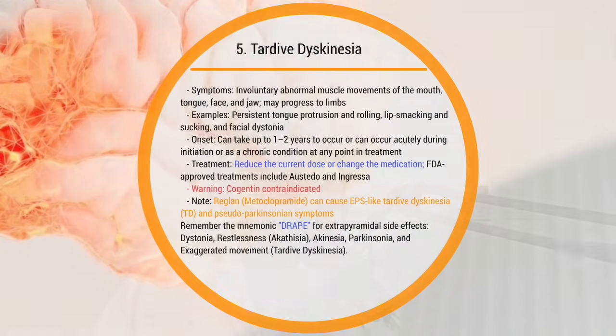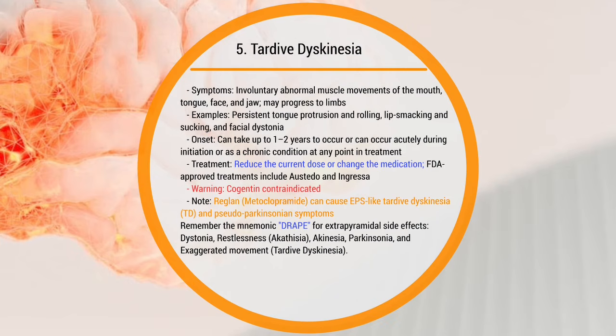Okay, so let's go on with Reglan. Reglan is a drug that's not an antipsychotic, but can very well cause TD, right? It can cause EPS like tardive dyskinesia and pseudo-parkinsonism symptoms.